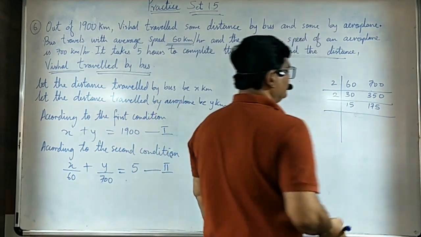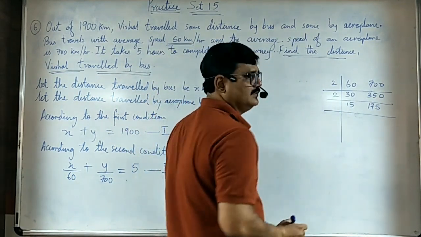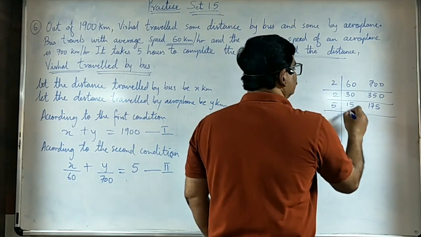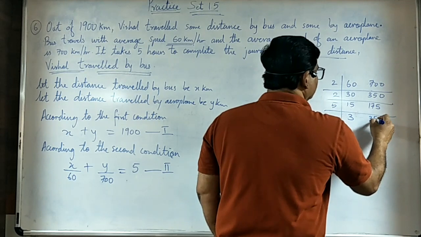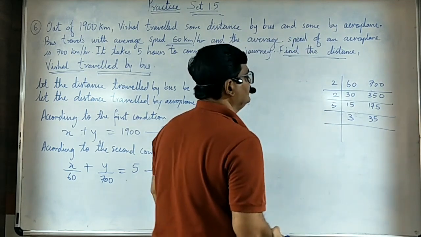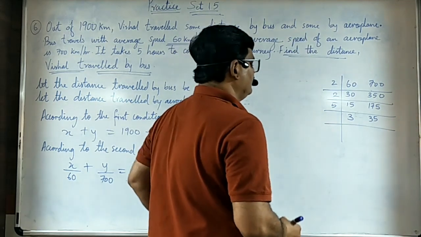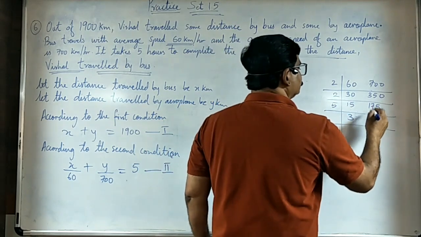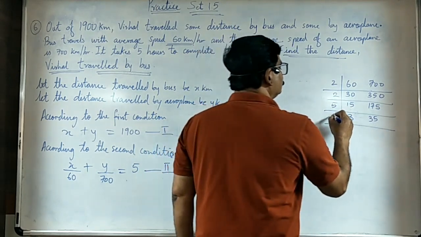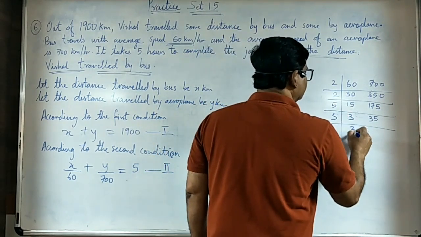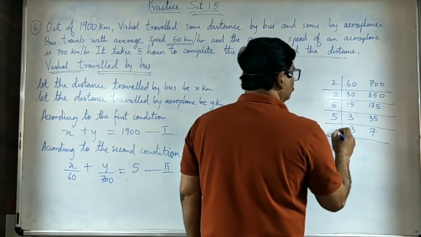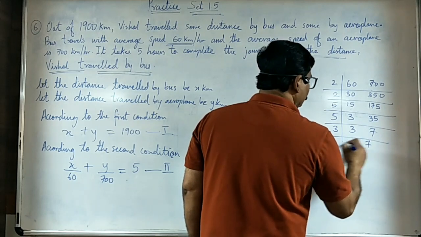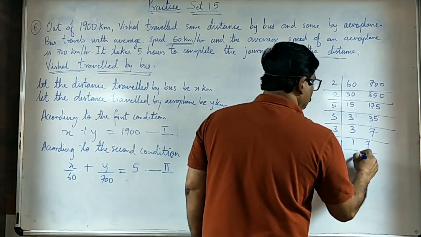You all must be knowing about this; I'm showing some different method. 5 3s are 15, 5 5s are 25. So we will be having this over here. Again, 3 will remain as it is because it is not going in the 5 table. This will be your 7, and 3 1s are 3 and 7 1s are 7.